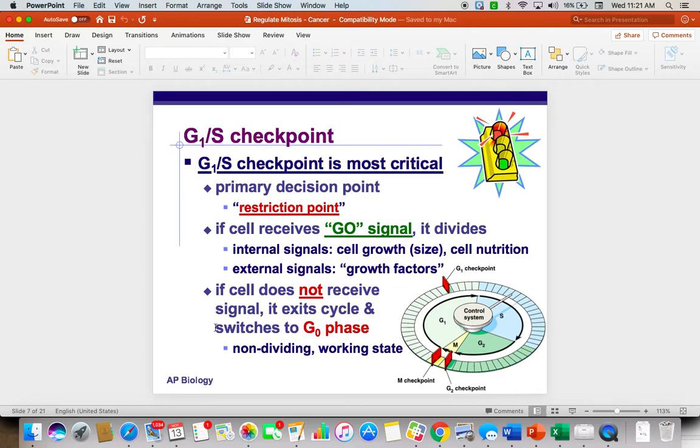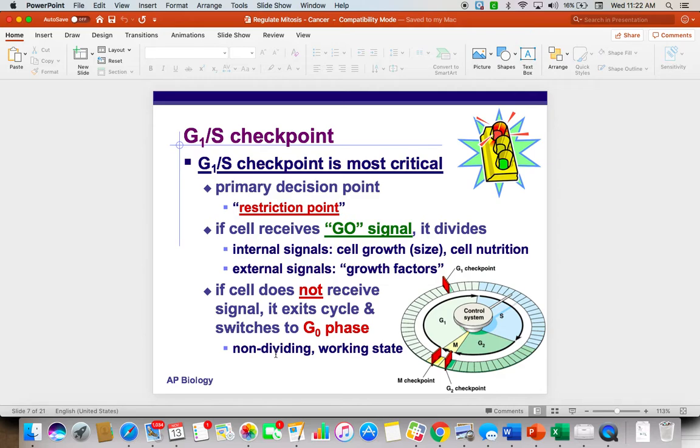So this checkpoint is super important because it is looking at the DNA of this cell. If the cell's DNA is messed up, it does not need to divide at all. If the cell does not get this signal, it switches over to G0 and does not divide, which is good because we want the immune system to go and kill this abnormal cell.